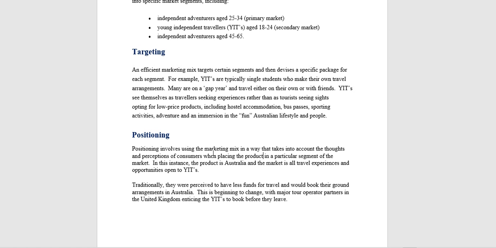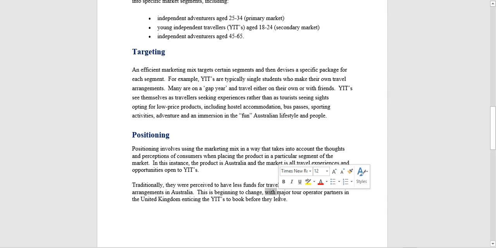So now what the Australian Tourist Commission has done, see, if a young independent traveler will visit Australia, they will take the ticket and then they will come to Australia, and after reaching Australia they will book tickets for visiting several places. They will book passes for visiting several forests, beaches, etc. So what the Australian Tourist Commission is doing, they are bringing a change with major tour operator partners in the United Kingdom, enticing the young independent travelers to book before they leave.